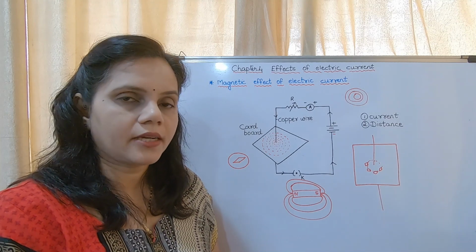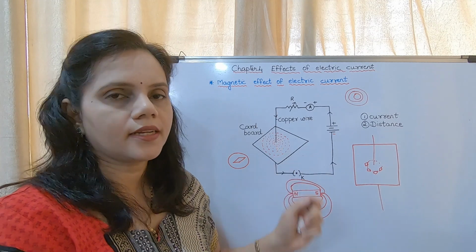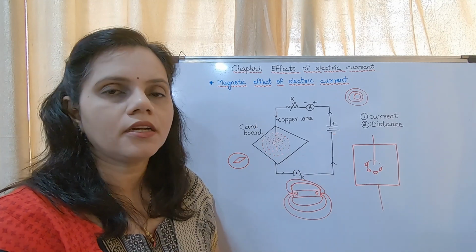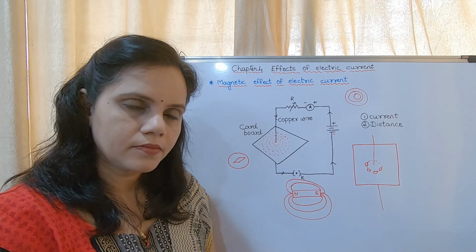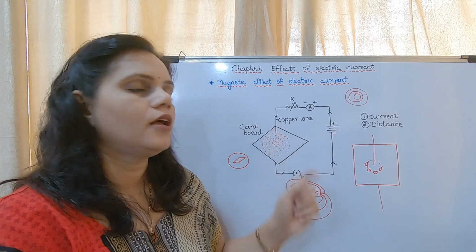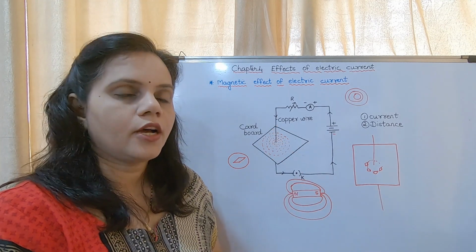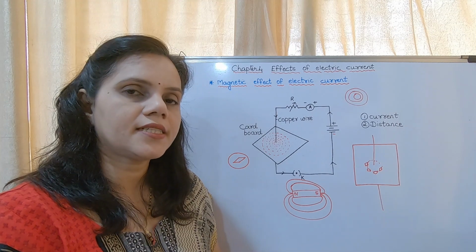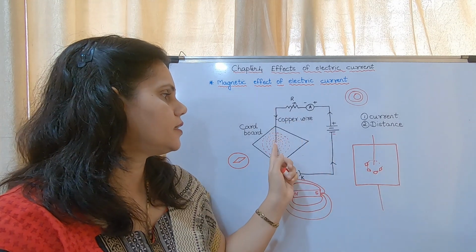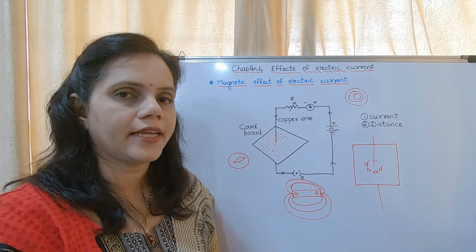So only if the current is passing through it will they get arranged in concentric circles, otherwise they won't. That means magnetic effect is shown in the wire when there is current passing through it. Now, what will happen if we increase the current? The magnetic effect of the wire will increase.